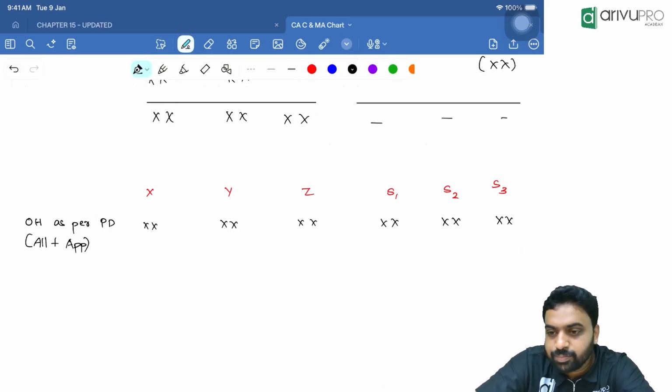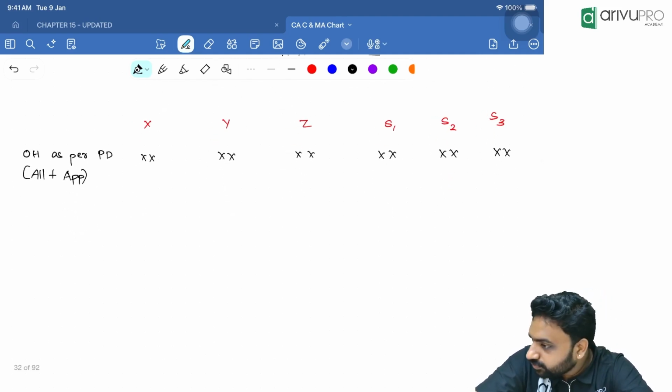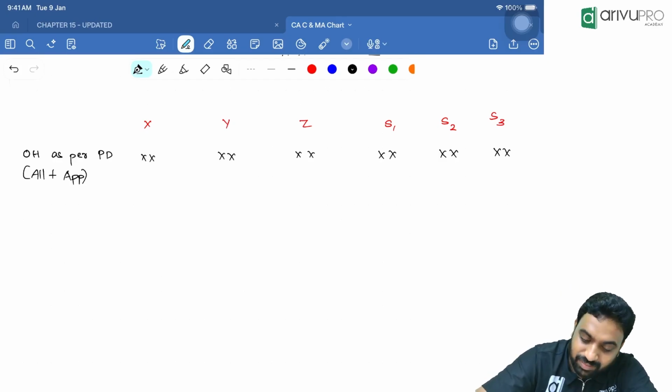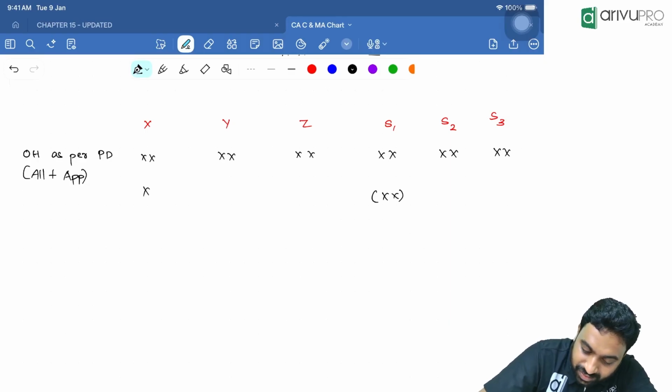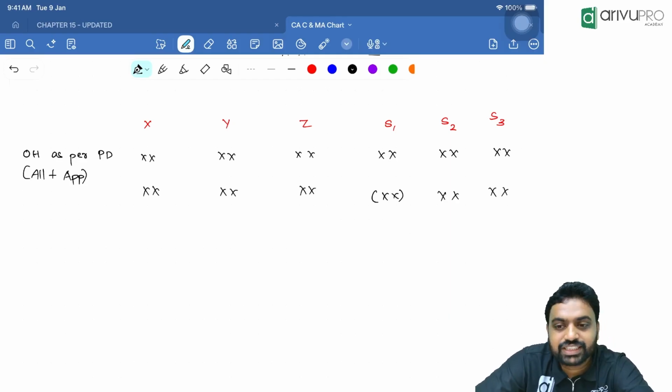For example, S1 loves S2, and for safety purposes, S3 also. Now, S1 will provide service to S2 and S1 will provide service to S3. That means whatever overhead is there in S1 will go to the production departments, and along with that, it will also go to S2 and S3.